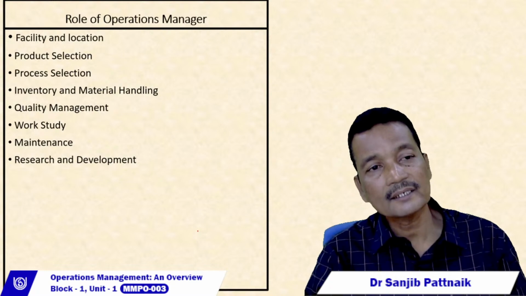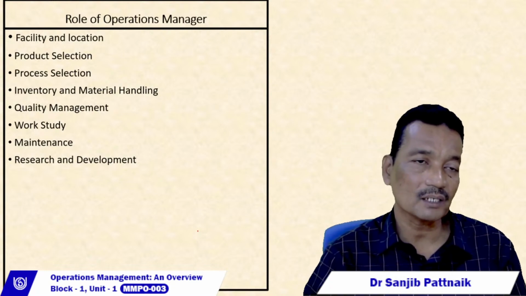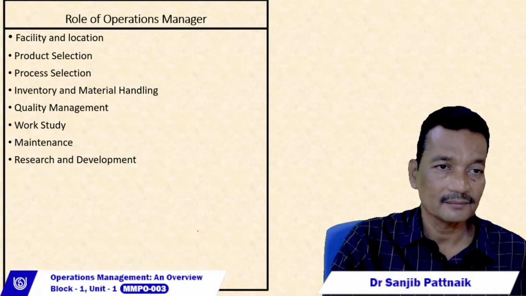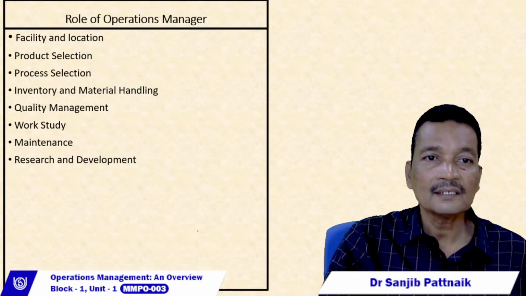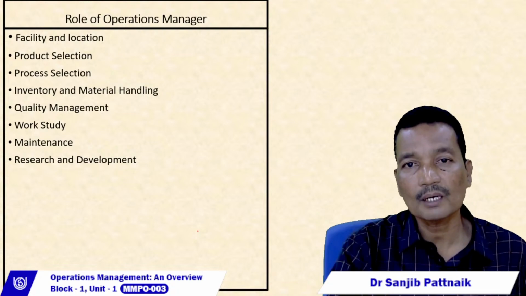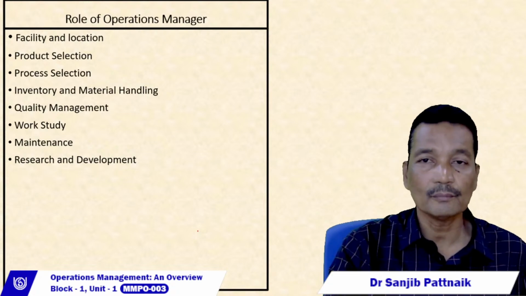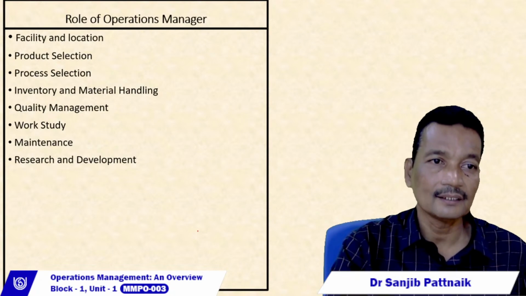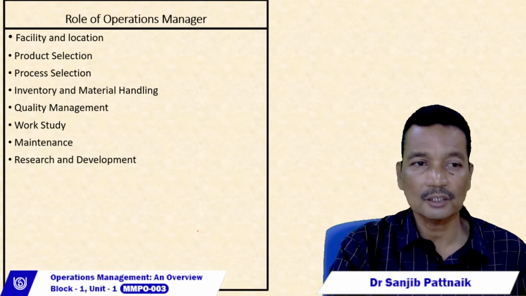Facility, what kind of buildings we should have, what kind of machinery we should have, etc. Then, looking at the market, we should select what are the products we are going to manufacture, which segment of the market we are going to serve.